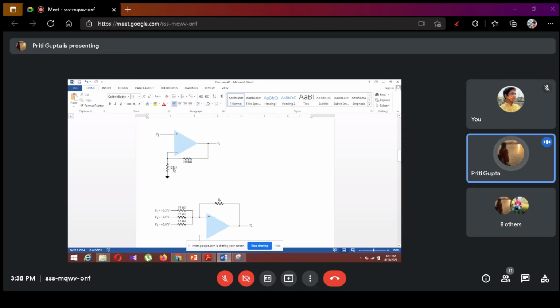This is A. This is 12 kilo ohm, this is 360 kilo ohm. This is A, okay? Can you repeat the question? What output voltage results in this circuit for an input of minus of 0.3 volt?